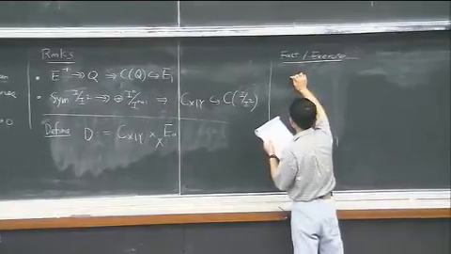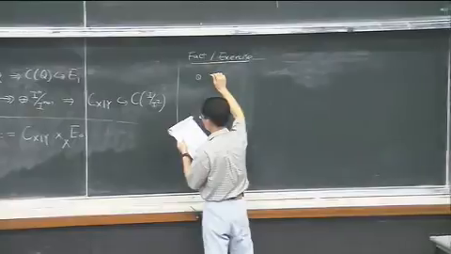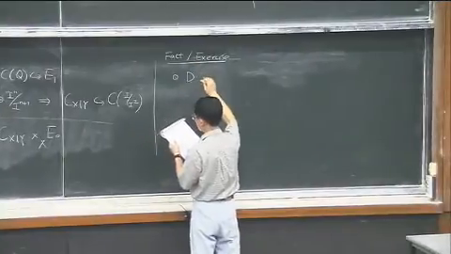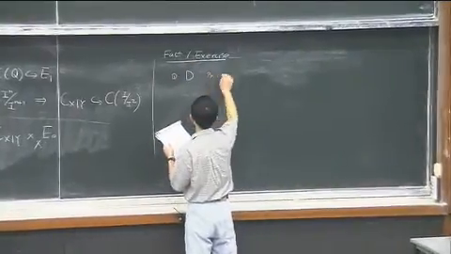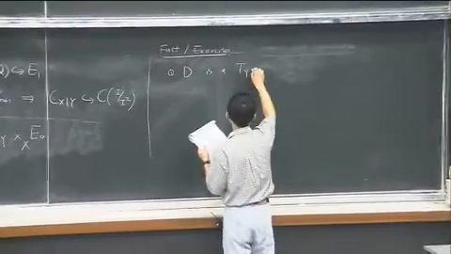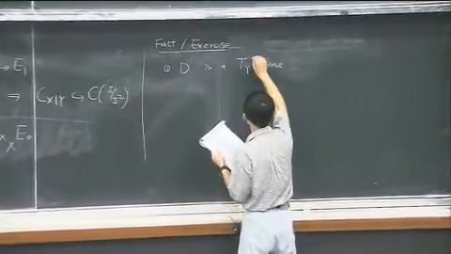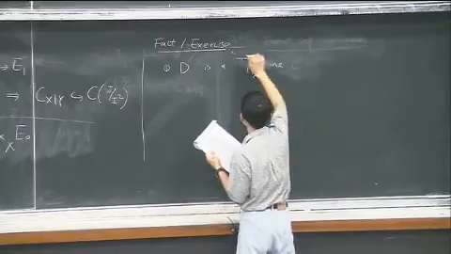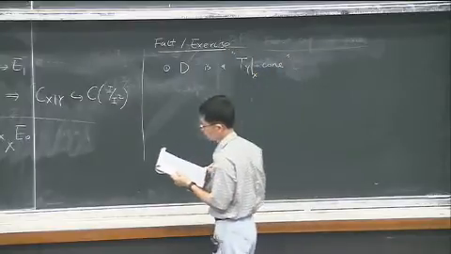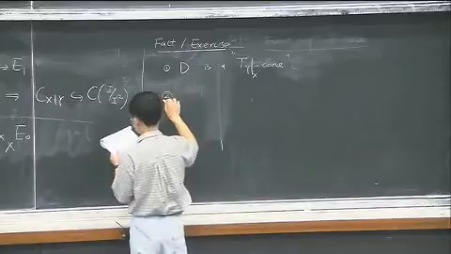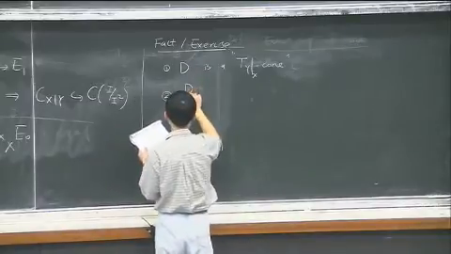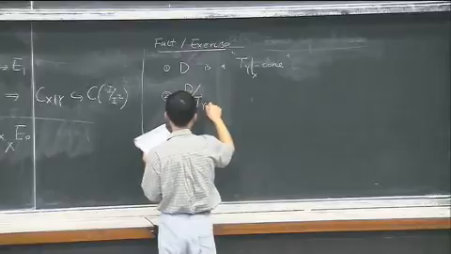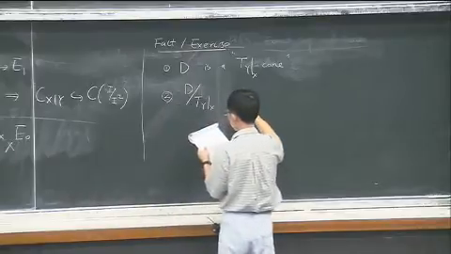I'll explain the terminology on the next board, but I want to write this down on the same board so you can see this. D is called the TY cone, or actually it should be the TY restricted to X cone. I'll explain what TY cone means. And secondly, if you quotient that by TY, this is what.